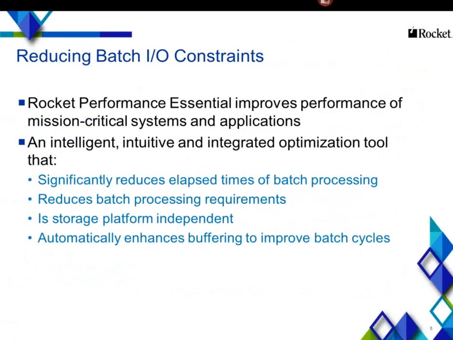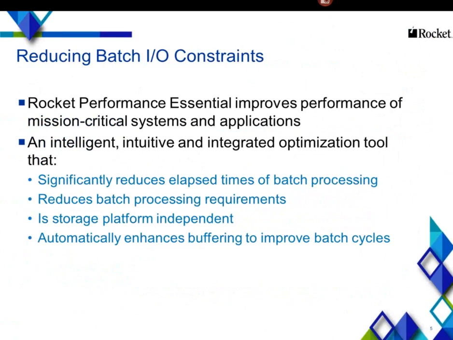Rocket's Performance Essential product helps you optimize your buffer allocation for VSAM and non-VSAM data sets. The buffering algorithms and default settings of Performance Essential result in significantly reduced EXCP counts, which frees channel and CPU resources for other tasks. For all files accessed sequentially, Performance Essential allocates adequate buffers while the file opens.